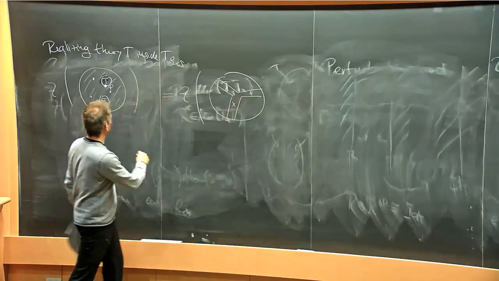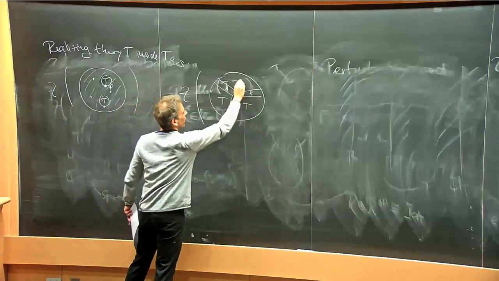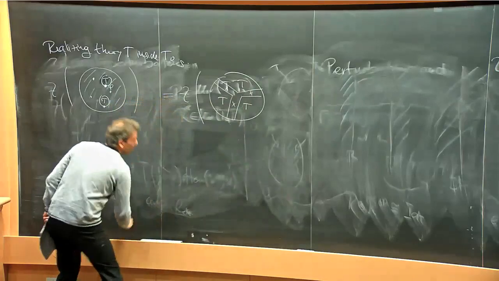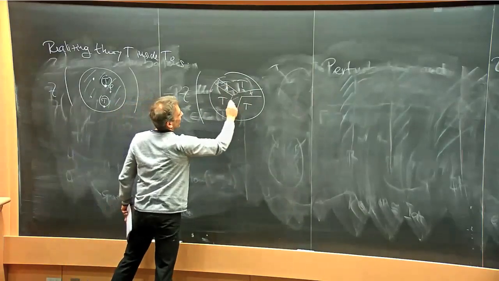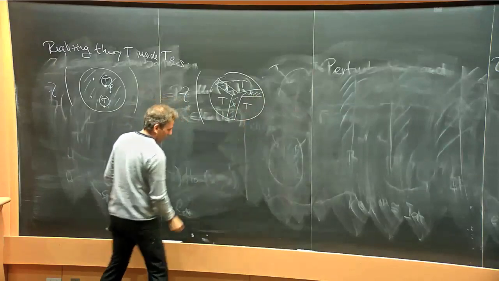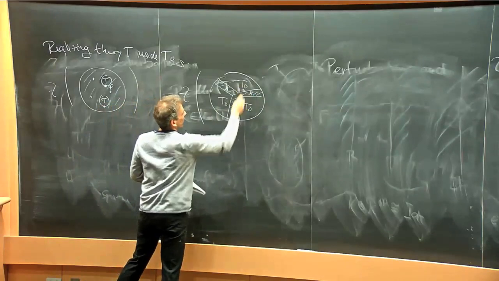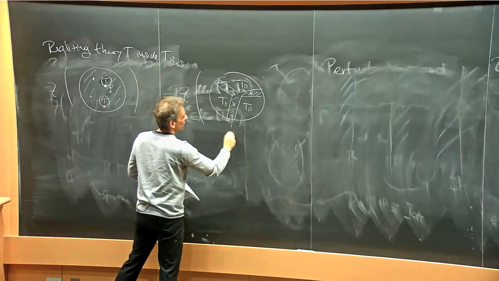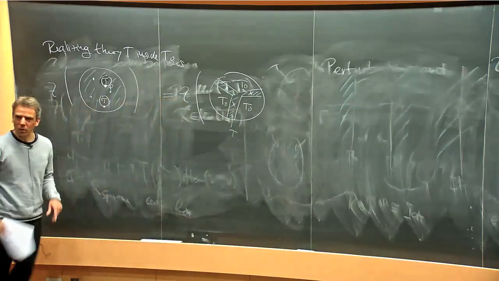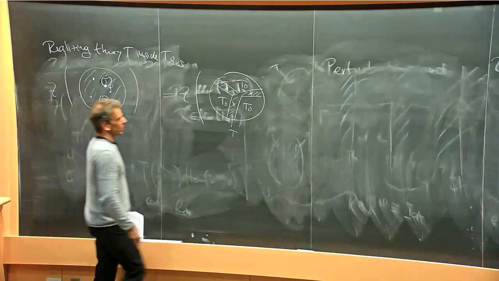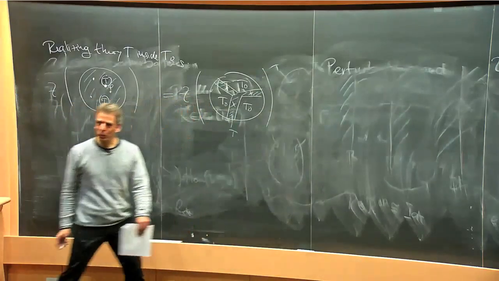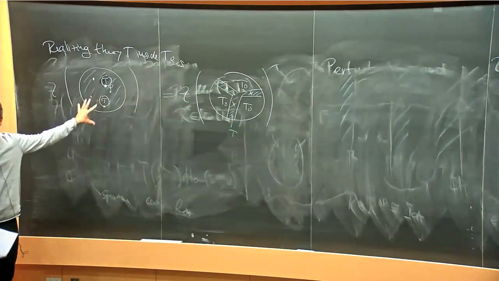Outside of this ribbon, I have theory T naught, and inside of this ribbon, I have theory T. So my theory T is now somehow contained in this ribbon. Okay? So I did this without changing the correlation function.